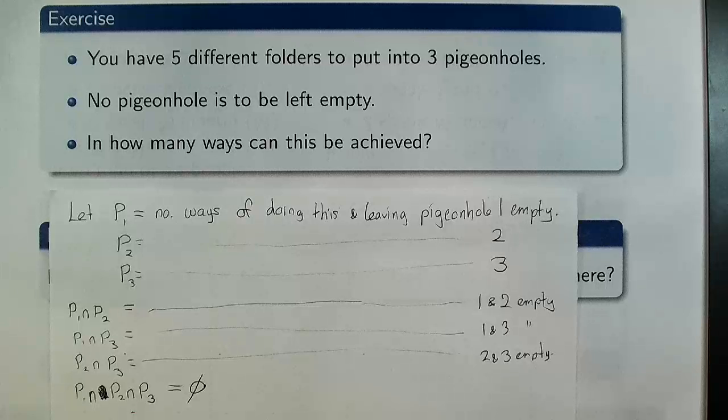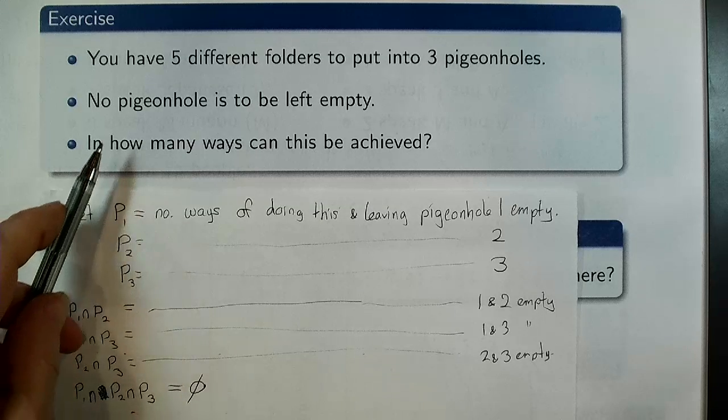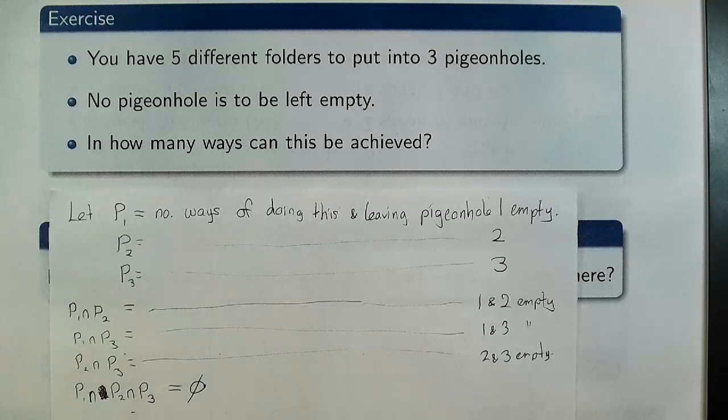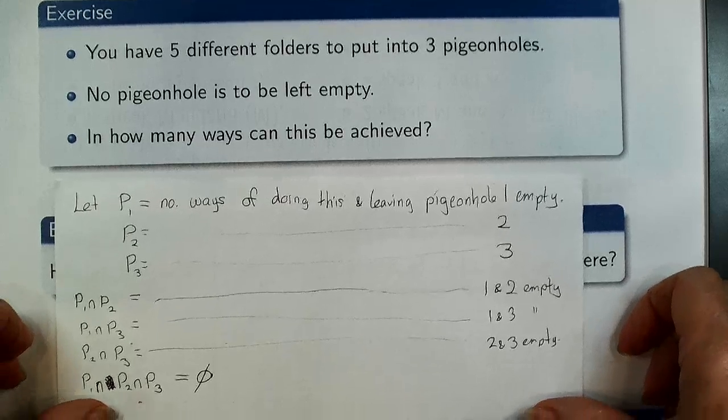The folders have to go somewhere. What has this got to do with the question? The question says, in how many ways can we do it so that no pigeonhole is empty? So we've got to figure out how much all of that is and then take it away from the total number of functions. That's right.